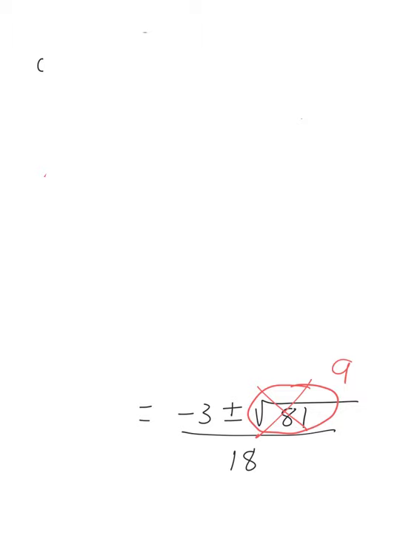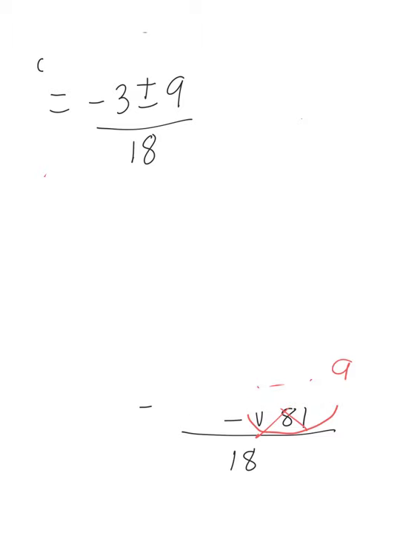So when you do that, the square root symbol is gone completely since you've applied it to the entire number. So we have negative 3 plus or minus just 9 over 18. Since these are the same types of numbers without a square root symbol, we can simplify it even further, unfortunately. So let's go ahead and break it up into two answers.